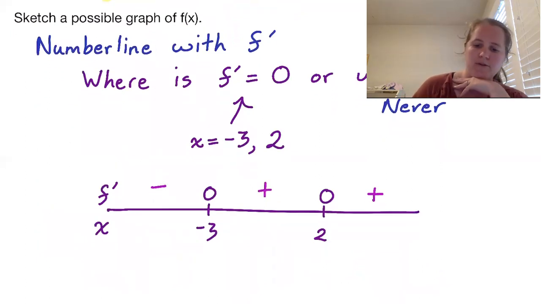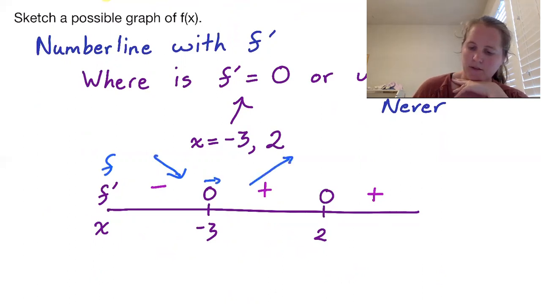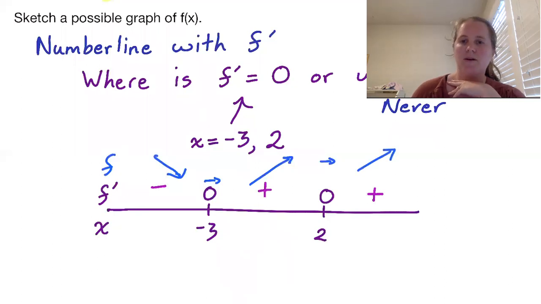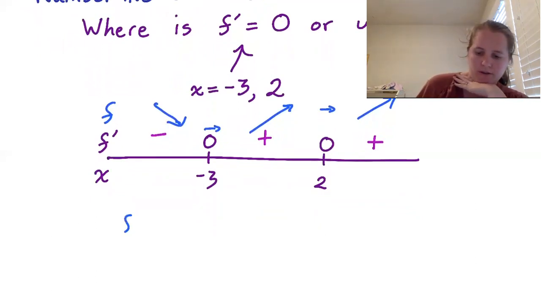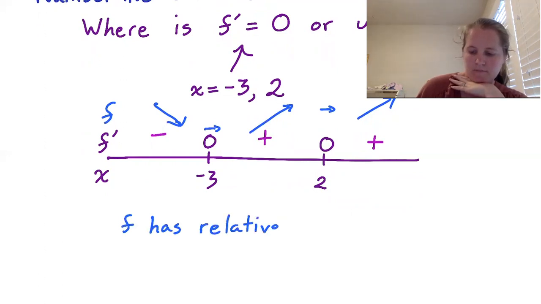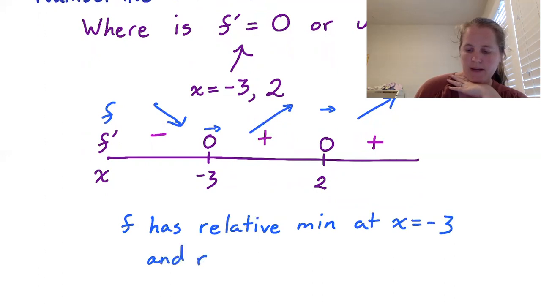So we know for our function f that we start off decreasing, flatten out, and go increasing, flatten out, and then we increase some more. So we know that f has a relative min at x equals -3 and a relative max at x equals 2.